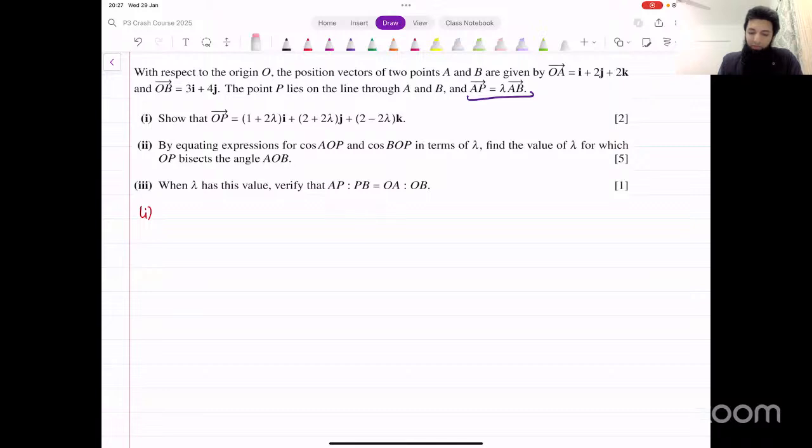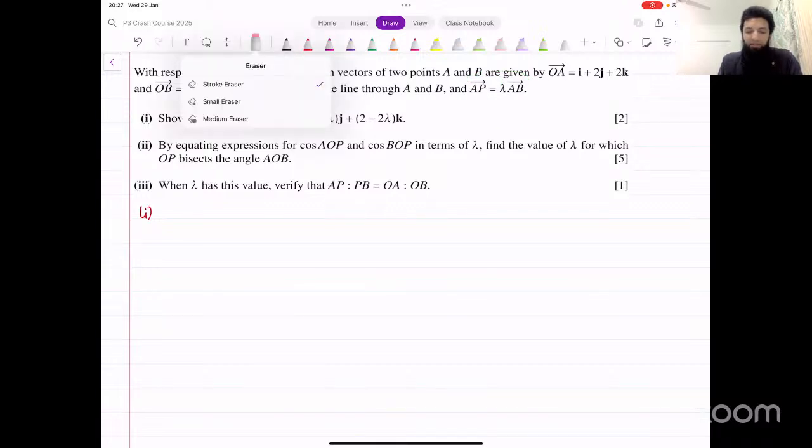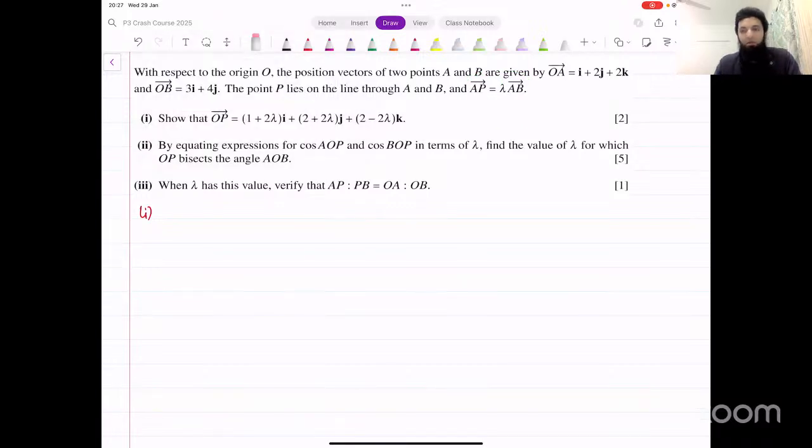Okay, so point P lies on the line AB. What does that mean? It should satisfy the equation of the line. So first of all, we can find the equation of the line AB and see what that looks like.